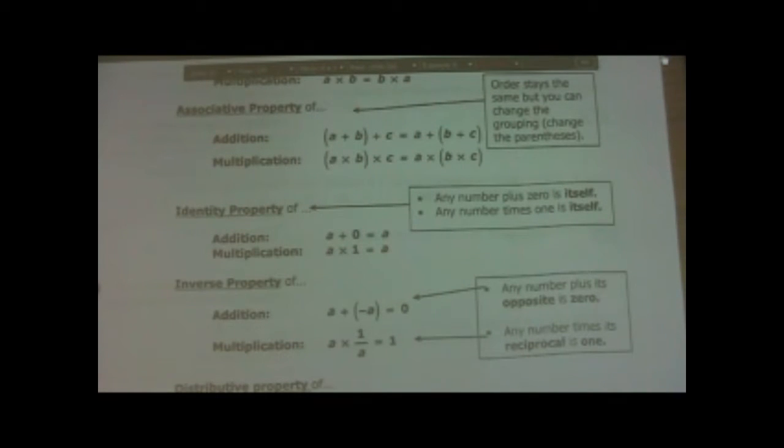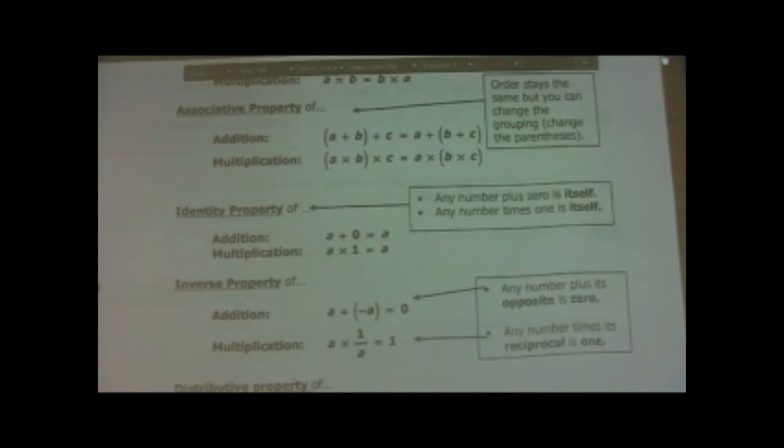Now, inverse properties are talking about inverses. There's an additive inverse and there are multiplicative inverses. And I also have another way that you can name these inverse properties, and I'll show you what those are. With addition, A and negative A, any number and its negative are additive inverses.